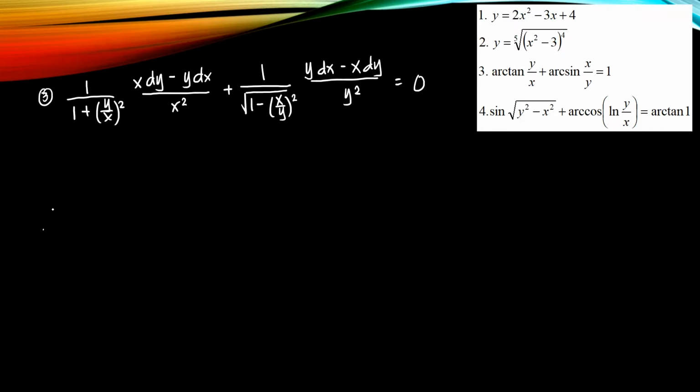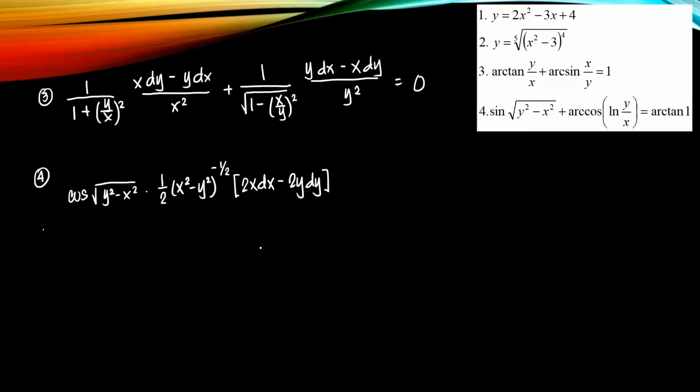Last one, let's try number 4. Cosine of the square root of y squared minus x squared. And then the differential of the square root, which is 1/2 x squared minus y squared to the negative 1/2. The differential of the inside, which is 2x dx minus 2y dy. We're done.